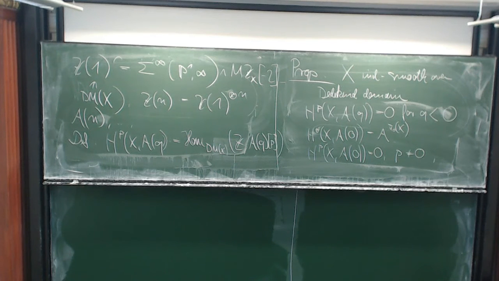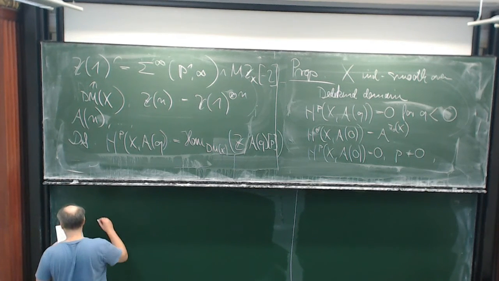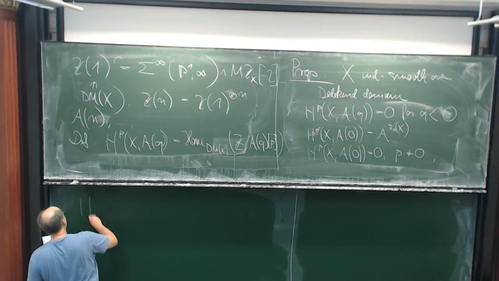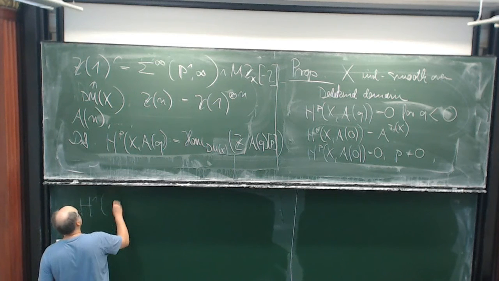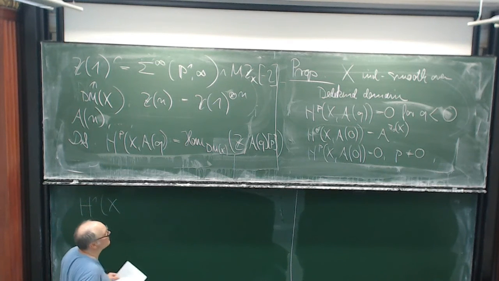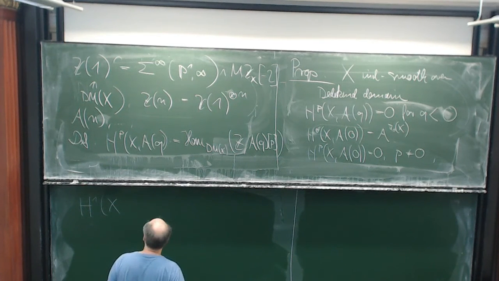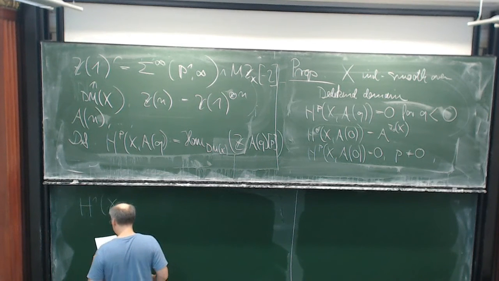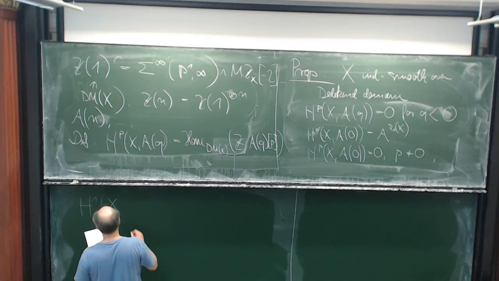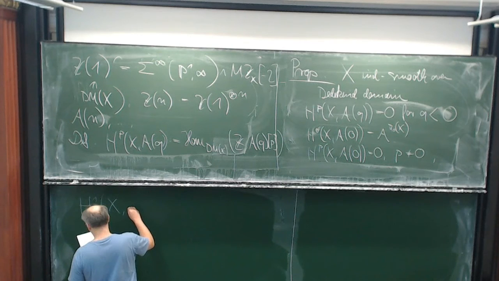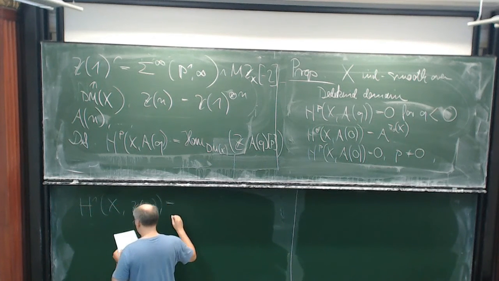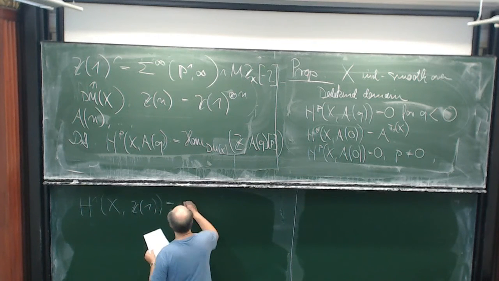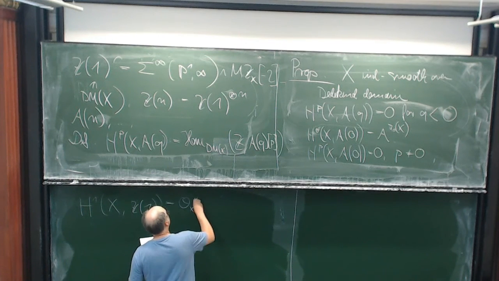Okay, what else do we know? So, weight 1 motivic cohomology is completely known, because the weight 1 motivic complex is just the units, so to say, on the scheme. So therefore, we have H1 of X, C of 1. It's nothing else but global sections of the sheaf of invertible elements.